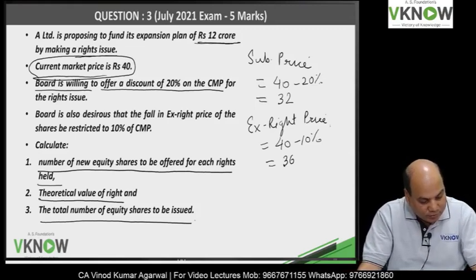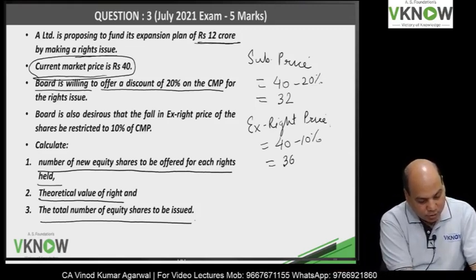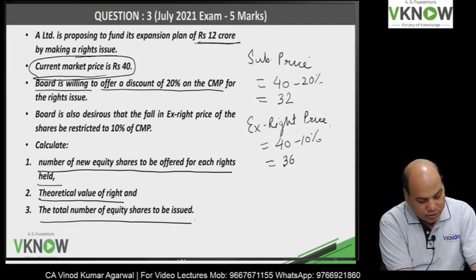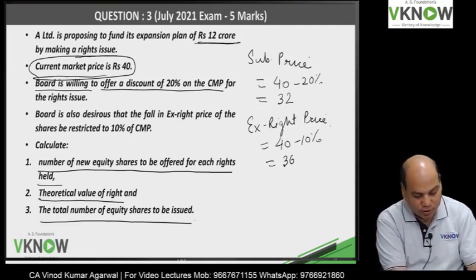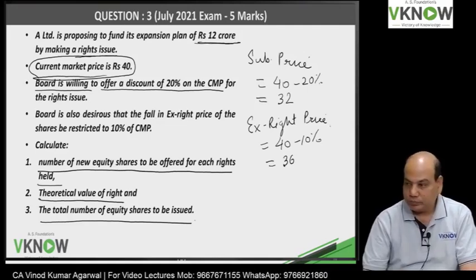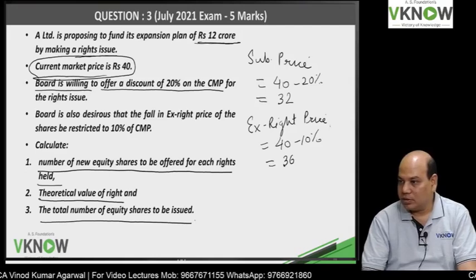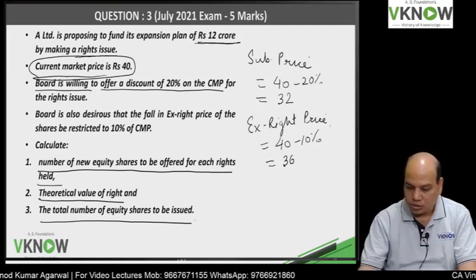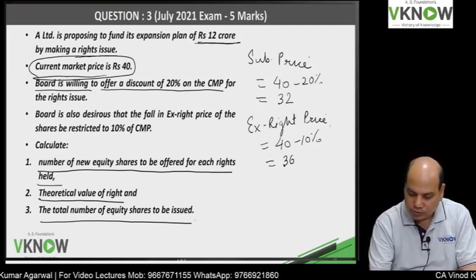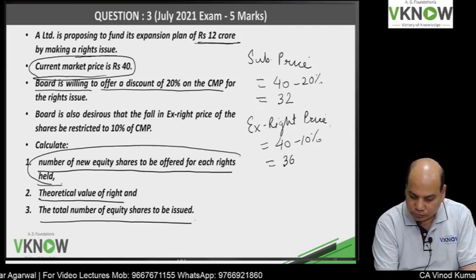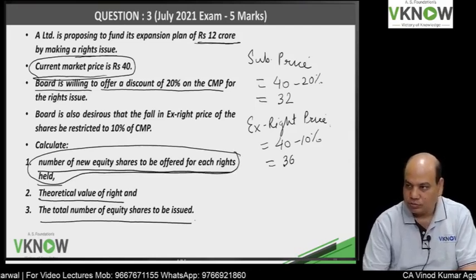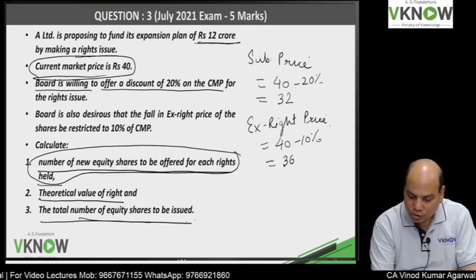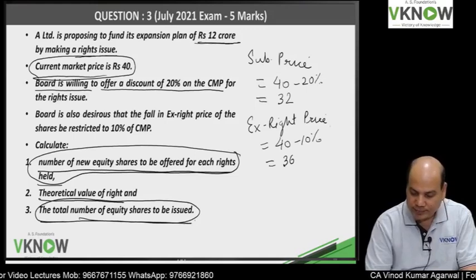Geetika said the answer is 1:1. I have to check. Anybody? What is the ratio of the rights issue? Because the number of shares to be issued is asked separately.